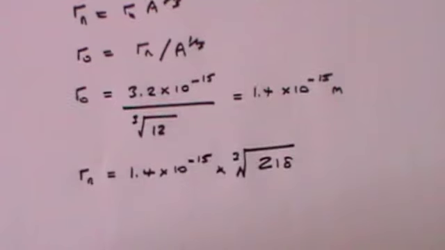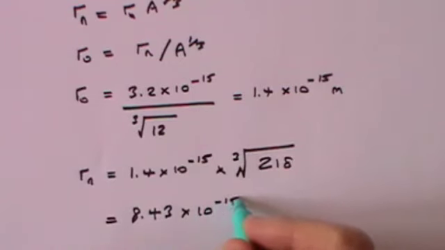And again, if you put that in your calculator, since the cube root of 218 is 6.018, that will give you 8.42 or 8.43 times 10 to the minus 15 meters.